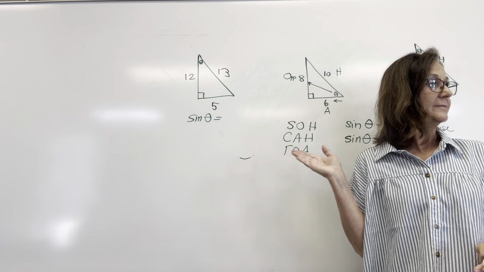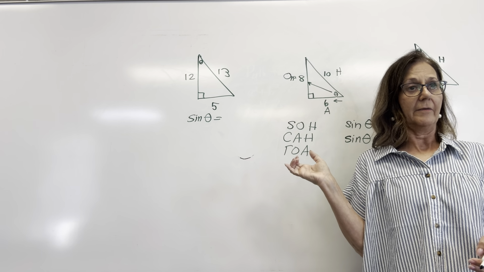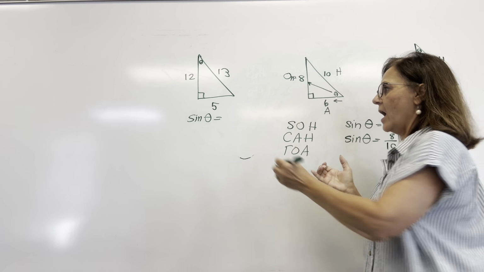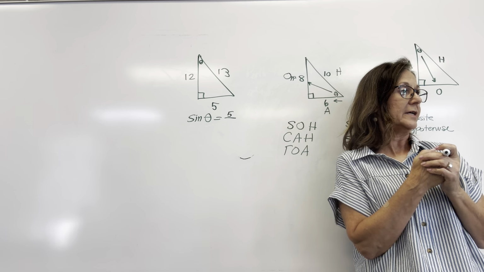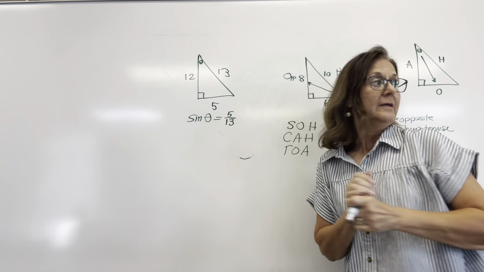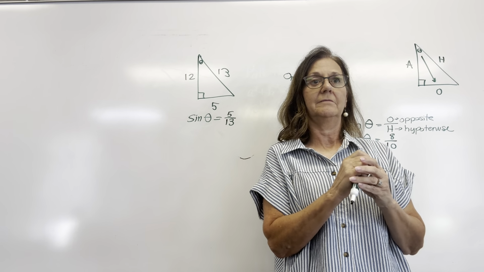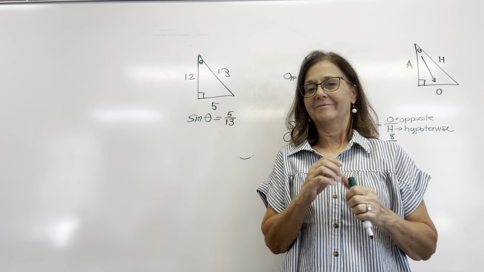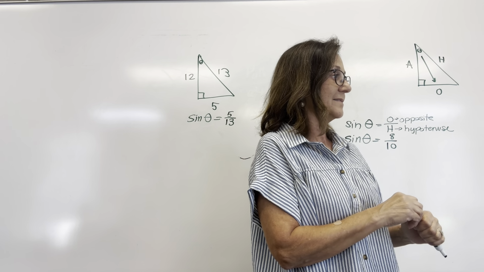Does everybody see that 5 is opposite theta? 5 is opposite theta over the length of the hypotenuse, which is 13. Arthur, you with us? Always want your face to tell me that you're paying attention. Makes sense, Clyde?